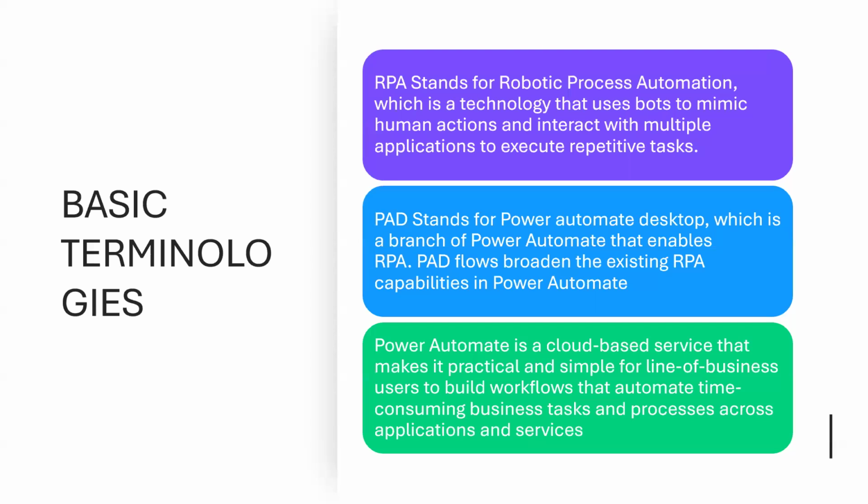Whatever we create in the desktop are the flows, and whatever we create on the cloud are the workflows actually. Okay. These are two different terminologies. Flows and bots we create in PAD, and workflows we create in Power Automate Cloud. Okay.